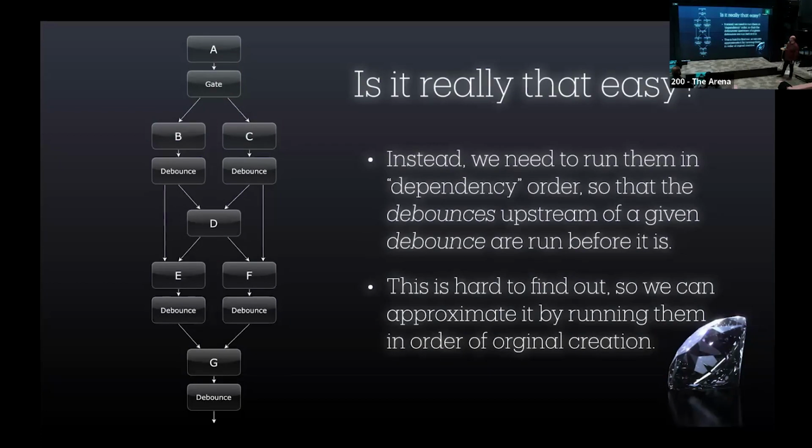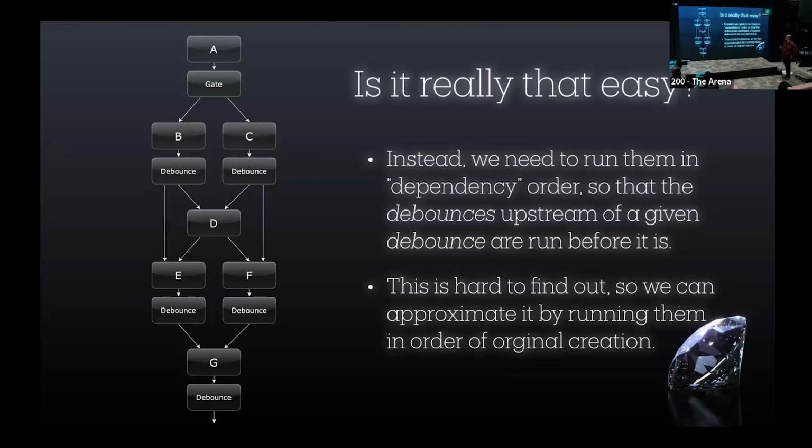So the workaround here was that when we create these debounce gates, we just give them an age, and then we run the queue in the order of how old these debounces are, because that tends to be the same as the order in the graph. You tend to create the ones high up first and the other ones later, unless you're being awkward and creating them beforehand and then putting them in later, which the workaround for is just don't do that.